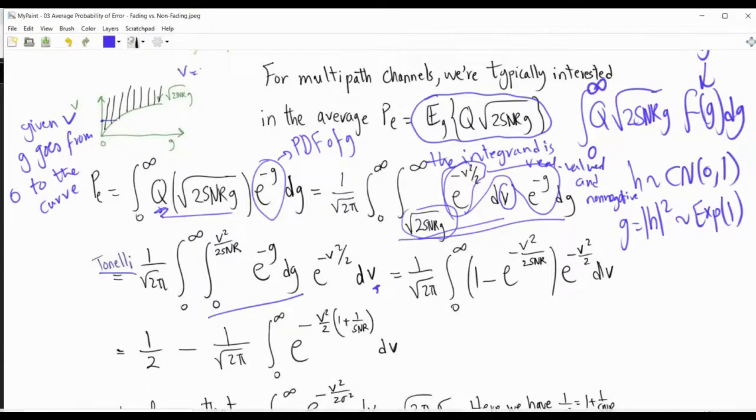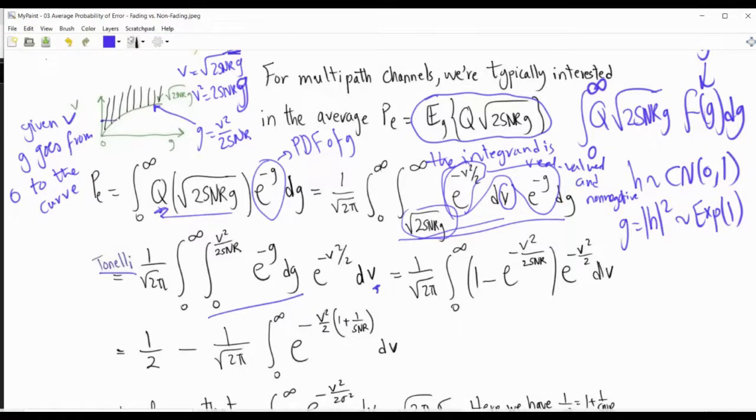And what is this curve? The curve is v equal to the square root of 2 SNR g. So square both sides: v squared is equal to 2 SNR g, because g is under the square root. And so on the curve, g is v squared over 2 SNR, right? So if you interchange the order of integration, now you fix a v and do the integration first with respect to g.